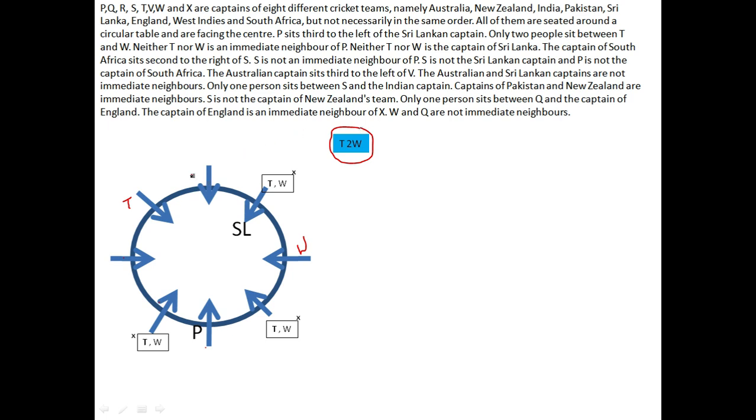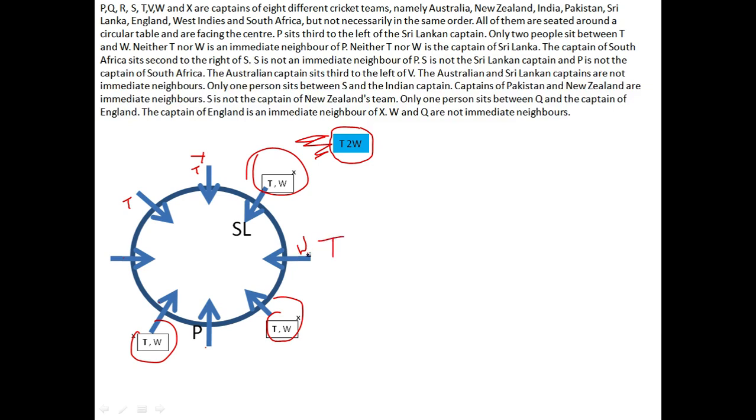Now another possibility, if we take T at this position, W has to come at this position or this position as per the condition of 2 persons between them. So T cannot come at this position because W is not available here. Next, T cannot come at this position because it has already been ruled out. Now next, T can come at this position. Yes, T can come at this position.